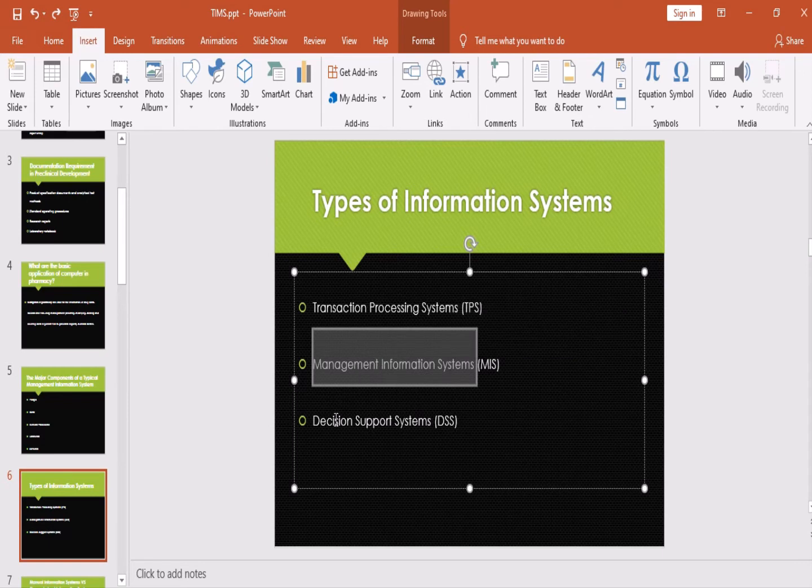And the third one is a decision support system. Decision support systems are used by top level managers to make semi-structured decisions. The output from the management information system is used as an input to the decision support system.